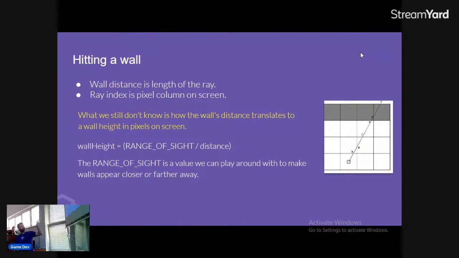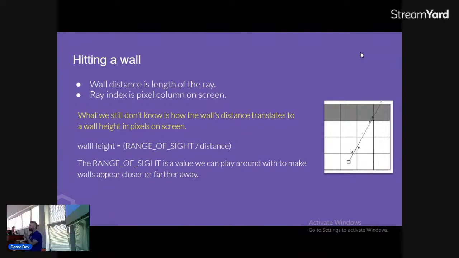In order to do that, we need another variable, something called range of sight. What is my range of sight? Say that you are now standing on a mountain and you're looking out to the distance. Your range of sight is the distance. Everything from the distance up to you is, in your brain, scaled according to how close it is to you, according to that range of sight. If something is at the range of sight, it's at 0 pixels. You cannot see it.